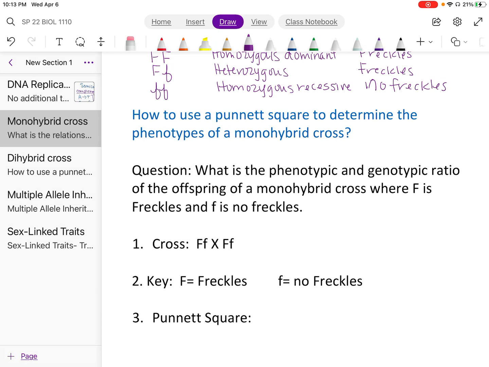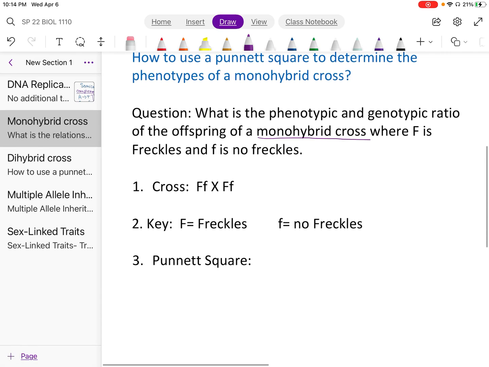So the capital F is the dominant allele and the lowercase f is the recessive allele. The first thing you want to do is set up a cross. Whenever it says you have a monohybrid cross, that means it's going to be a cross between two heterozygous alleles. So our two heterozygous alleles here are going to be a capital F and a little f crossed with a capital F and little f.